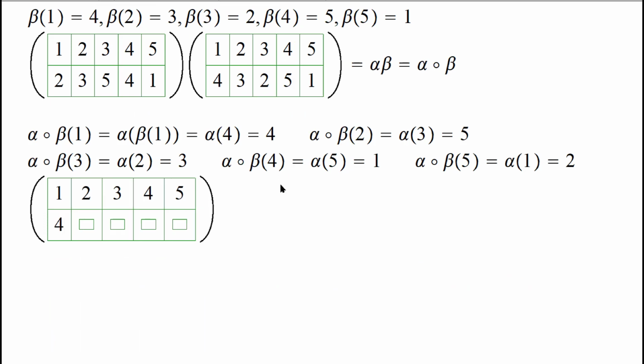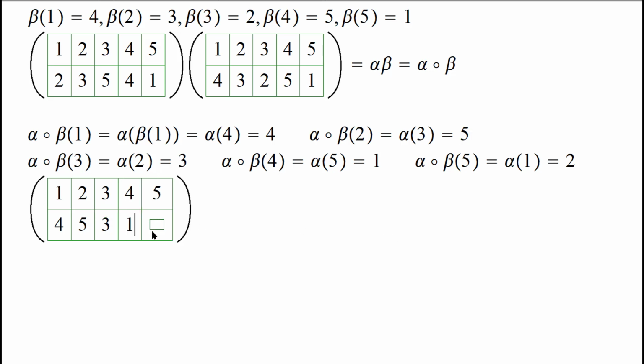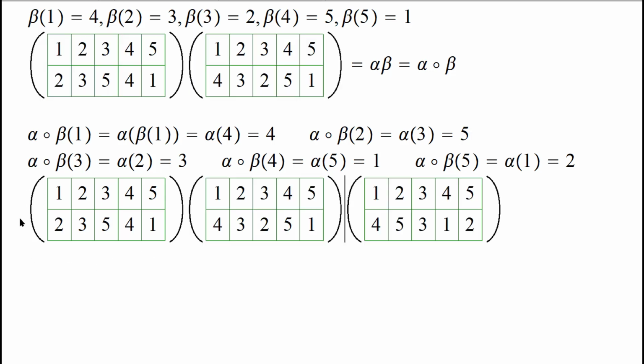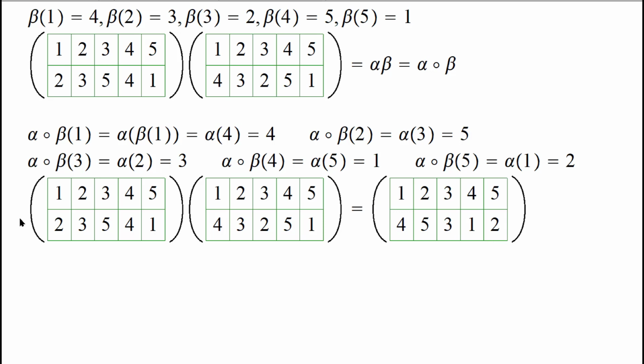So we have 4 for 1, 2 lands at 5, so we got 5. 3 eventually goes to 3. 4 goes to 1, right? And 5 goes to 2. So this product simply equals this permutation, right?